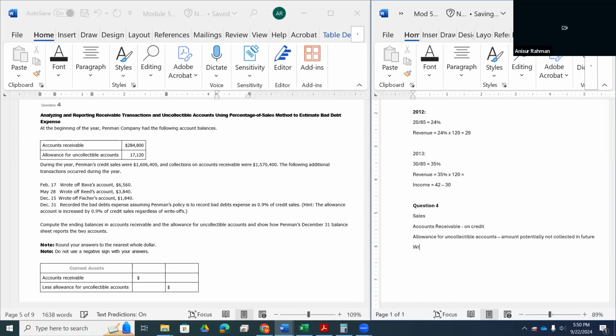Now, a write-off is when the company is certain that an amount will not be collected.